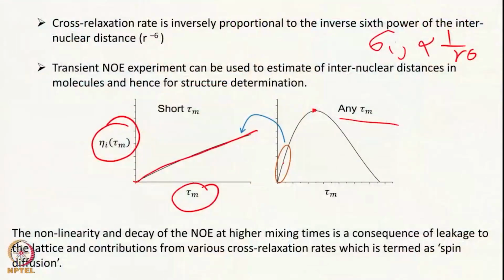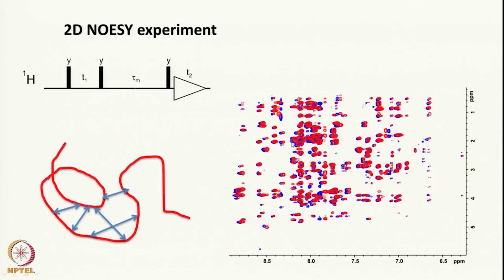Various relaxation rates take over, and this mechanism is called spin diffusion, meaning the spin is diffusing and losing its magnetization because we have kept it too long. So, in this case measurement is not very precise. For all distance measurements we must stick to the linear regime of the tau m.